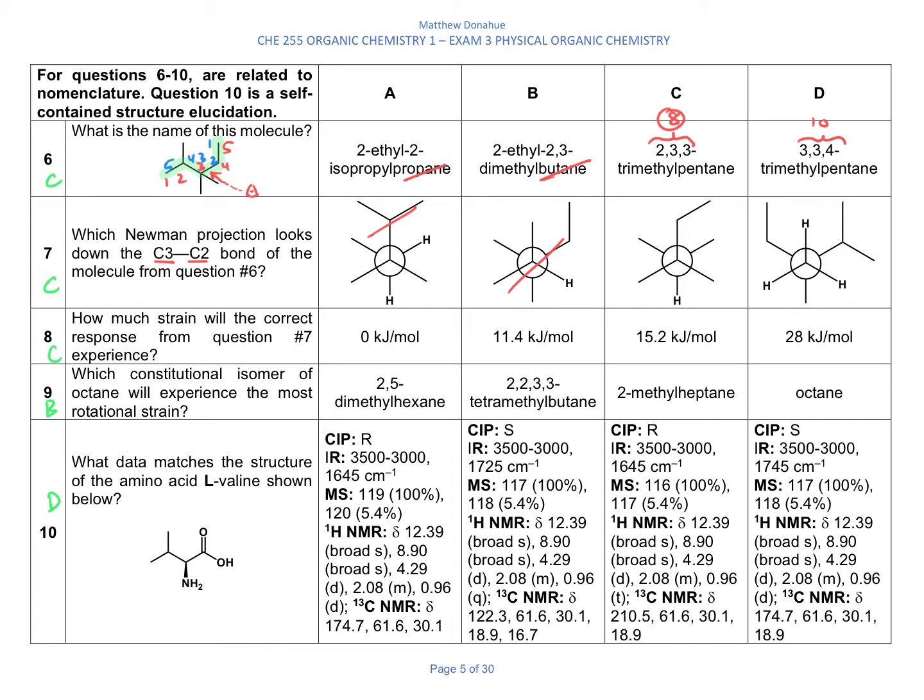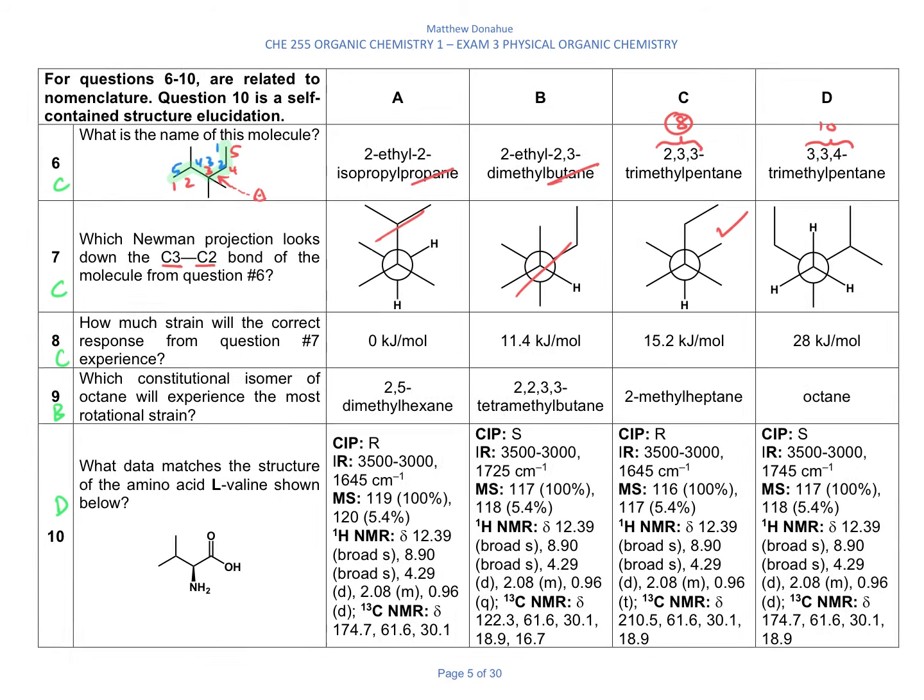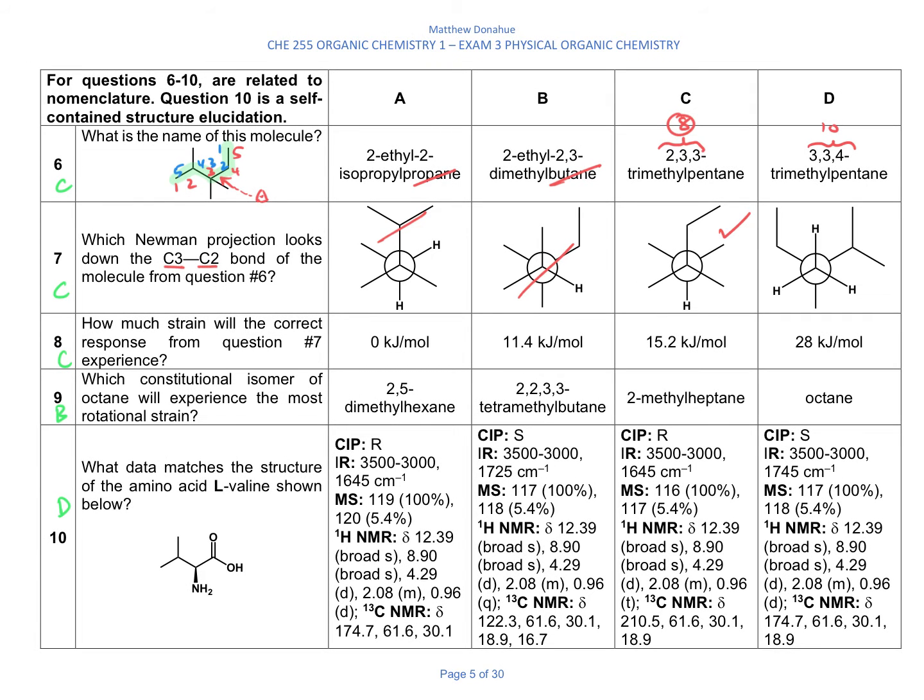C, methyl ethyl, so we're onto something there. The back carbon should have 2 methyls and a hydrogen, so that looks correct. And then D has hydrogen, which is actually looking down one of the methyl groups bonded to carbon 3, so that's also incorrect.